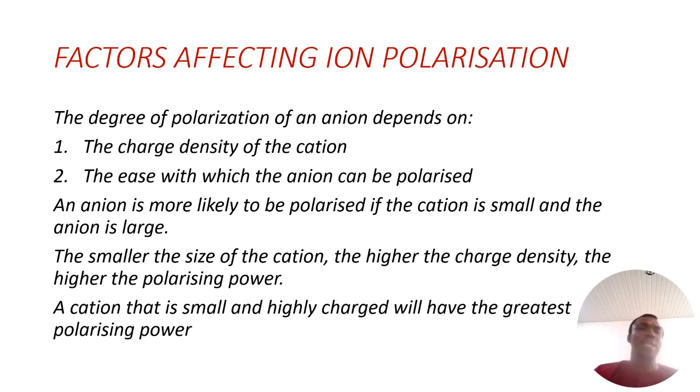The size of the cation affects the degree to which an anion can be polarized. The smaller the ionic radius, the smaller the size of the cation, the higher the charge density, the higher the polarizing power. Polarizing power is the ability of a cation to attract electrons to itself and distort an anion.